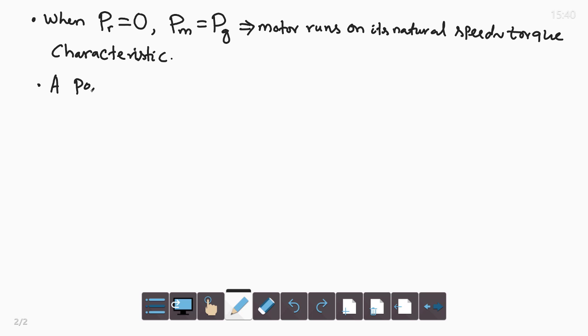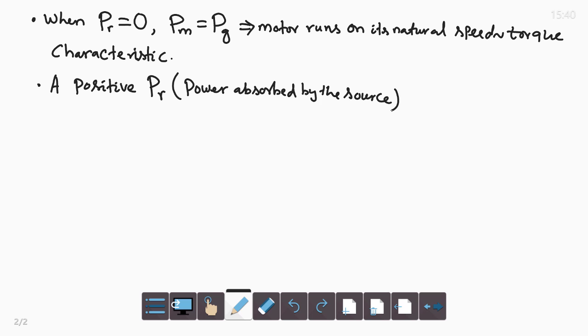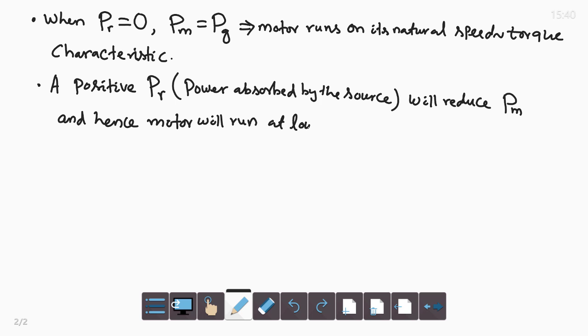A positive PR, that is power absorbed by the source, will reduce mechanical power Pm and hence the motor will run at lower speed for the same torque.